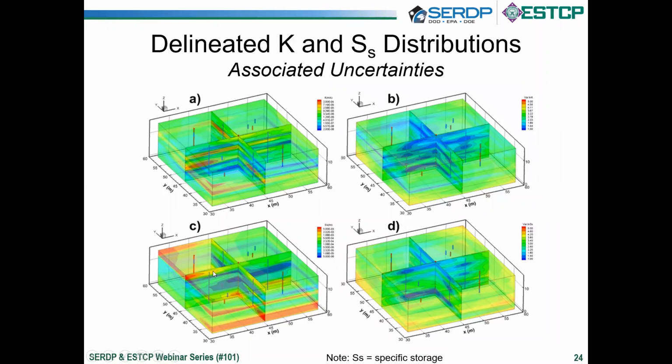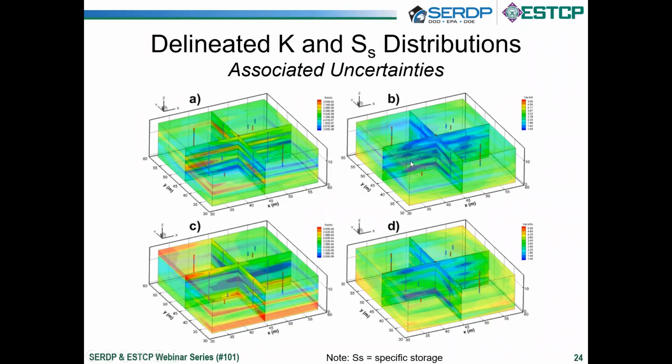One nice feature or byproduct of hydraulic tomography is, in addition to the most likely distribution of hydraulic conductivity and the specific storage, it also gives you the uncertainty measure. So that information will be very useful for looking at the uncertainty or reliability of remediation. I will get into a little more detail about that.